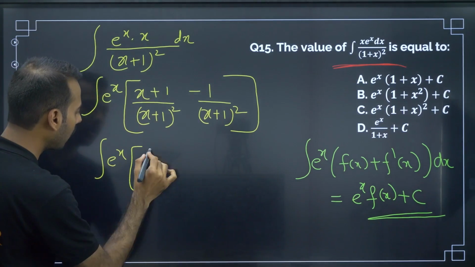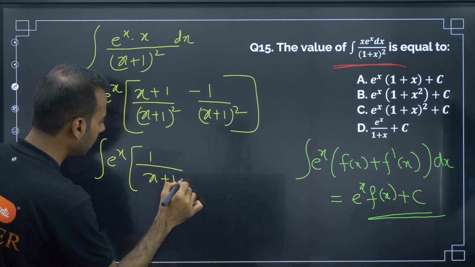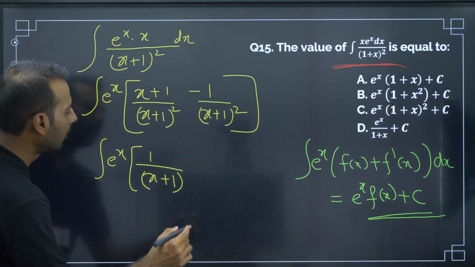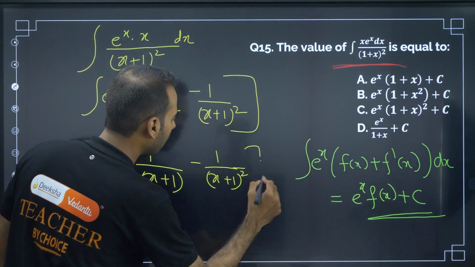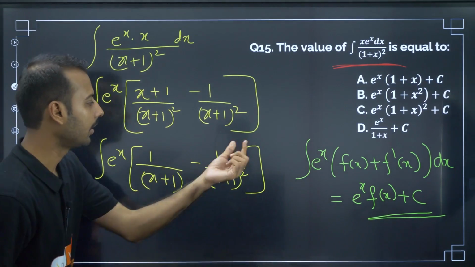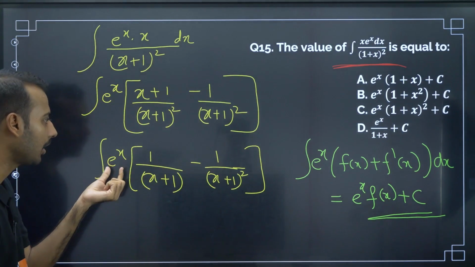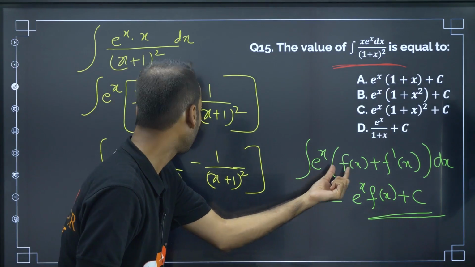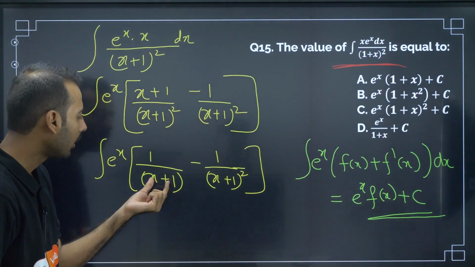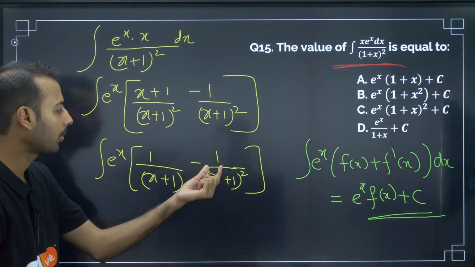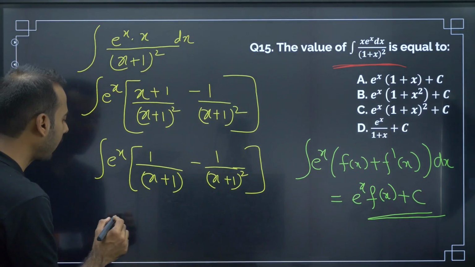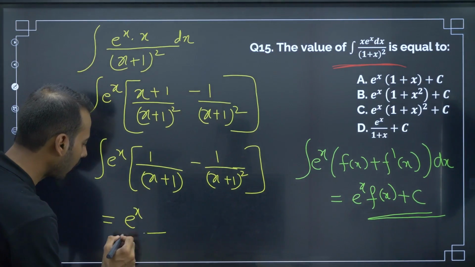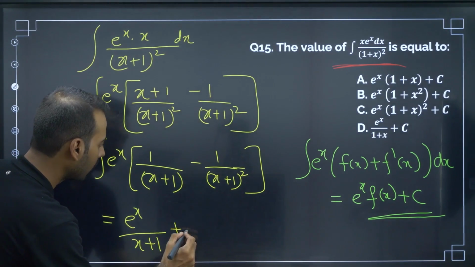Integration of e raised to x times 1 by x plus 1 minus 1 by x plus 1 square. If I relate this and this, in place of f of x we are having 1 by x plus 1. Differentiation of 1 by x plus 1 is minus 1 by x plus 1 square, so f dash of x is this. So I can use that direct formula: e raised to x times f of x, which is 1 by x plus 1, plus c.